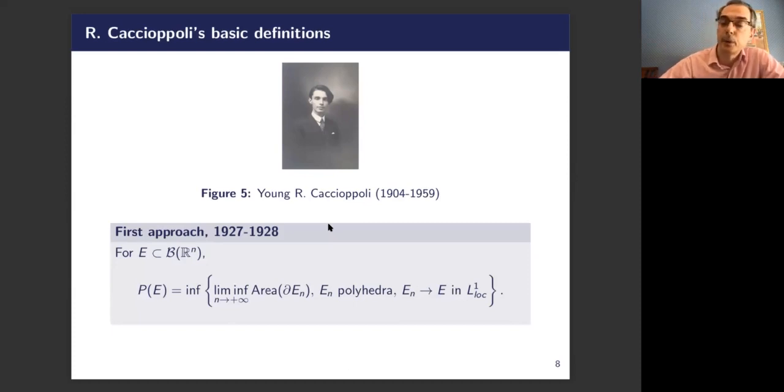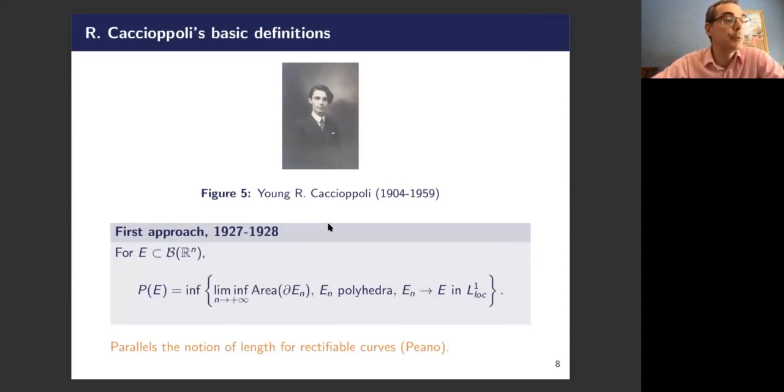He did this when he was only 23 or 24. And this is the intuitive notion of what the perimeter of a set should represent. The definition is similar to the definition of the length of a curve that was proposed a few years earlier by Giuseppe Peano.